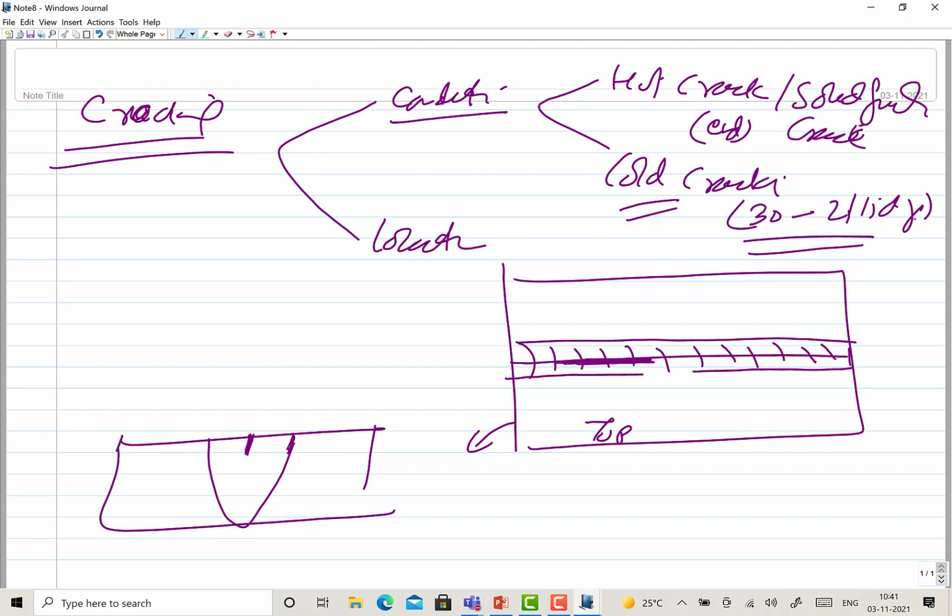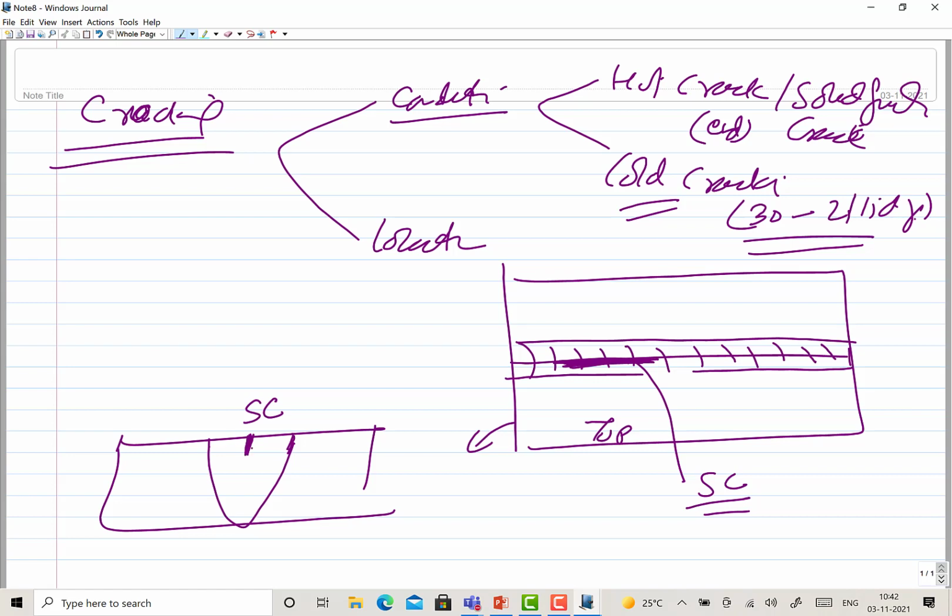So weld center line crack, and this is the most common solidification crack which is observed in the weld metal. Although it is condition dependent, this solidification crack occurs at the center line. So weld center line crack is basically solidification crack.